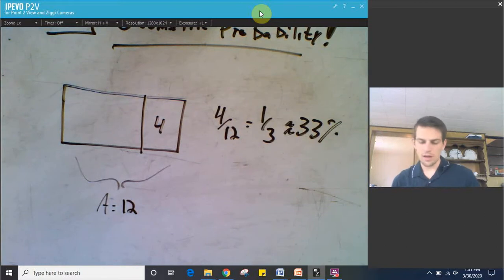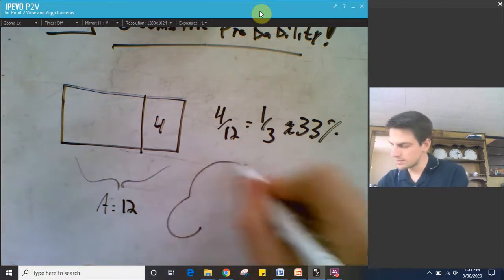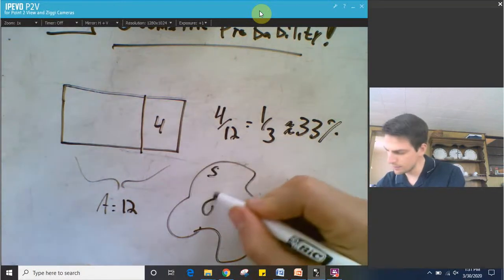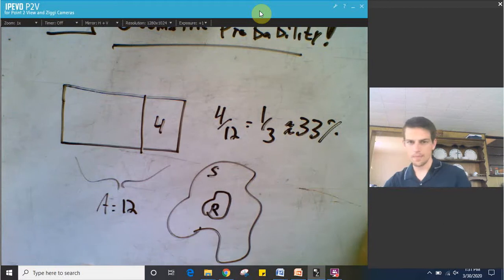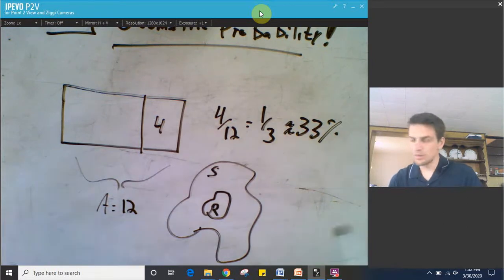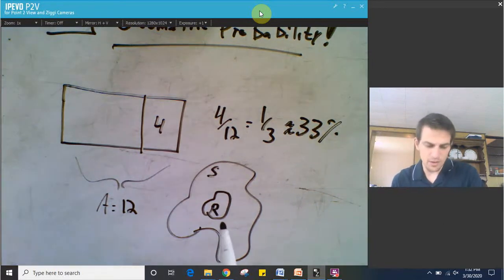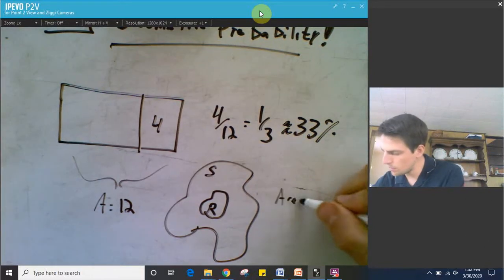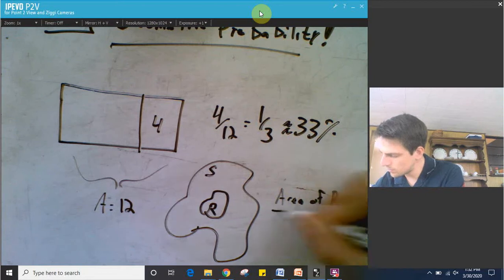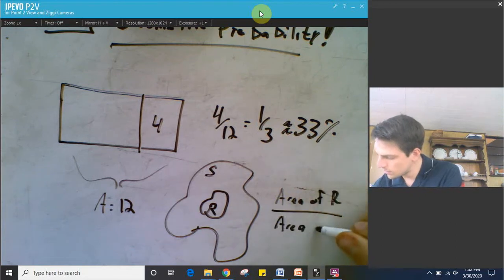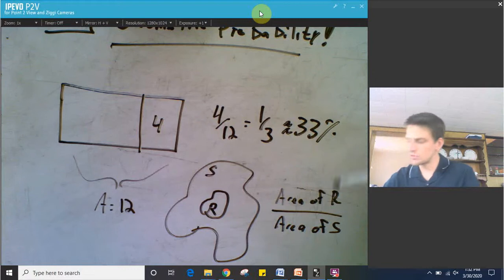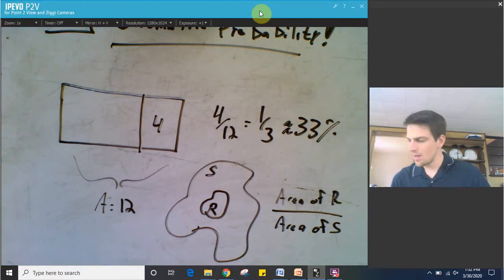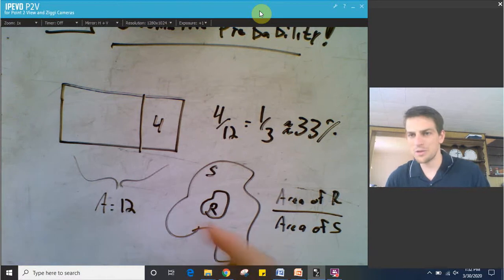So, to put it in a more generic way, I'm going to do it the way your book has it. We have some area, and this area is S, and we have another area of R. The chance that if we pick a point P at random out of this region S, the probability that it is going to be in region R is going to be the area of R divided by the area of S. So that's the chance that P would be in that region R. And you can kind of think of it, imagine that this is like a picture from the sky.